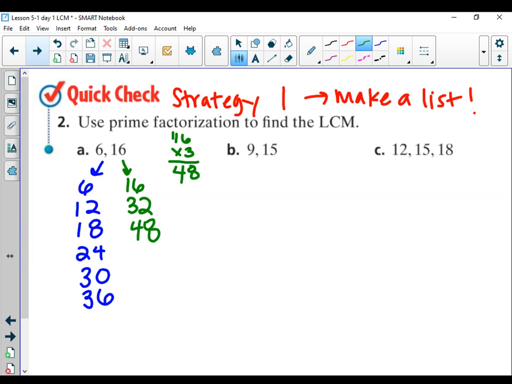I might have to go back to the first one because I've already passed up my list for the first one. So I'm going to have to go back and do some more. 6 times 7, 6 times 8. There it is! The smallest one they have in common.